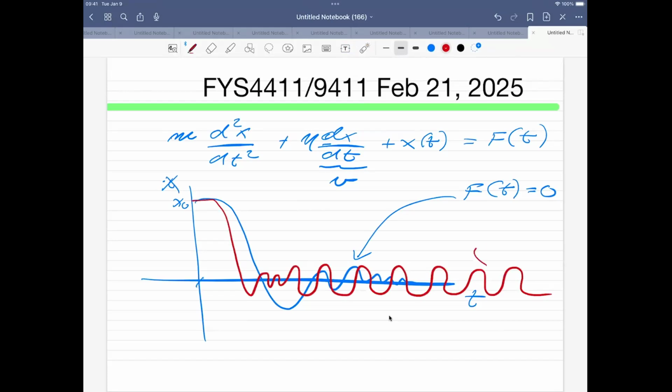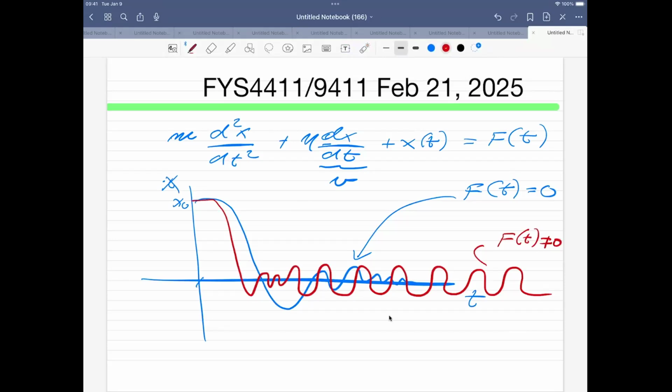So this would typically be the f of t different from 0. In the beginning, the drag term, the resistance term, tries to kick in, but then after some time, the force takes over, and the system oscillates, for instance, with this frequency of the force. I guess this is just a quick reminder from your mechanics classes.